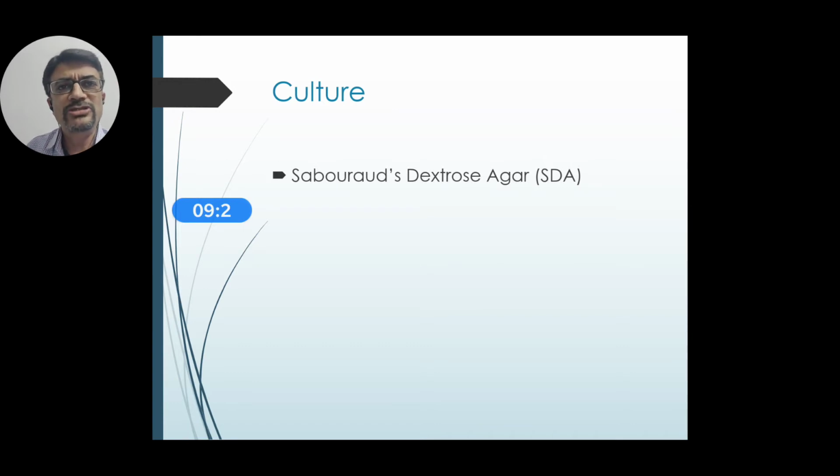So culture. What are the media required for culture? As you know, for fungus the most common medium used is Sabouraud dextrose agar, that is SDA, which contains higher carbohydrate and lower pH, that would allow the growth of fungus very well.